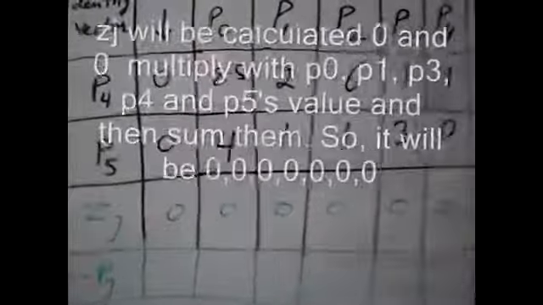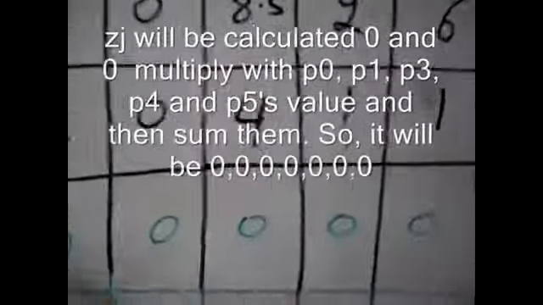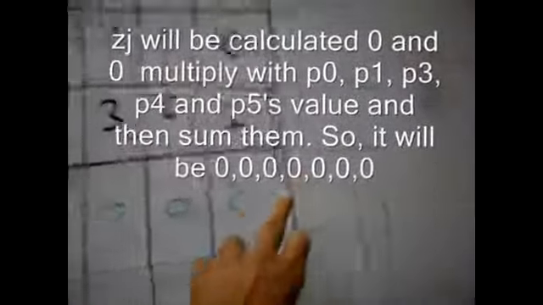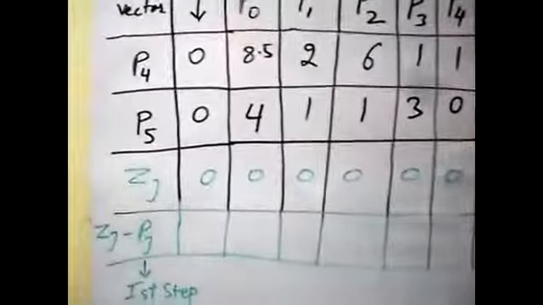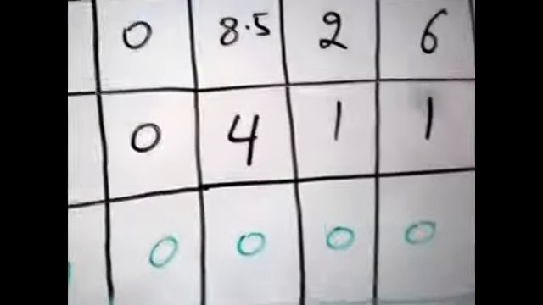Now we write zj equal to 0 in all the rows. Our solution will be in this row.